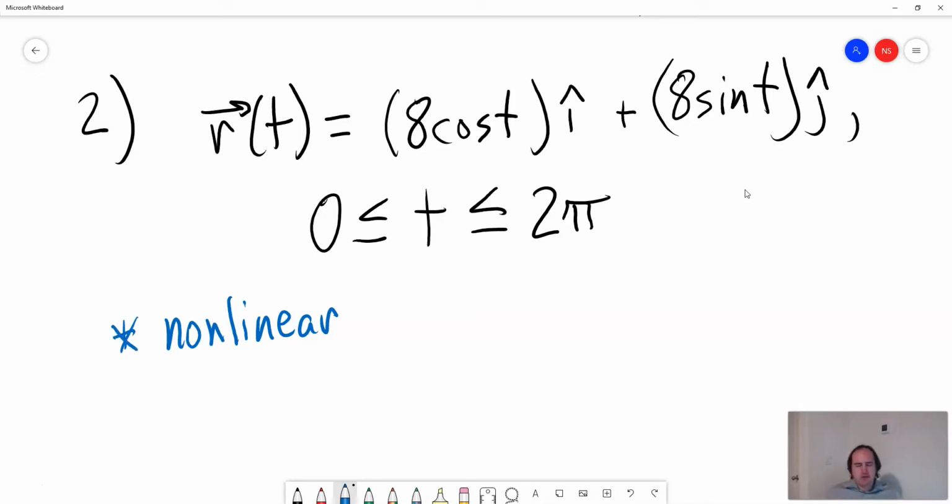So you might be wondering, how do you graph a nonlinear vector equation? Well, to graph a nonlinear vector equation, you're going to want to, once again, plot points, but you have to be a little bit more careful about the shape of it, because the shape isn't just going to be a line.